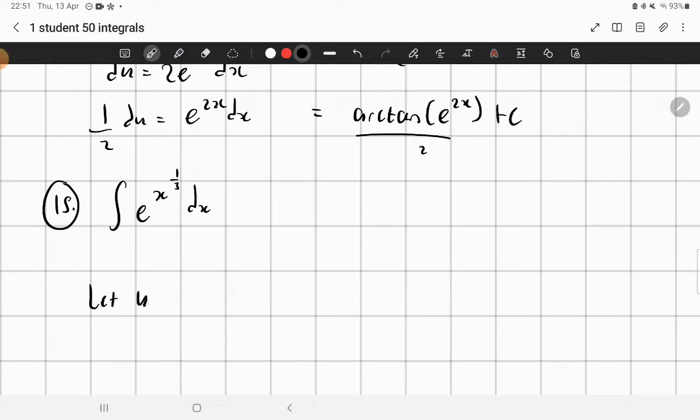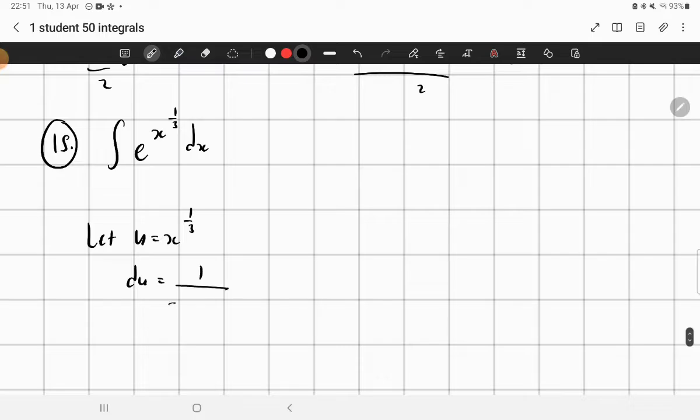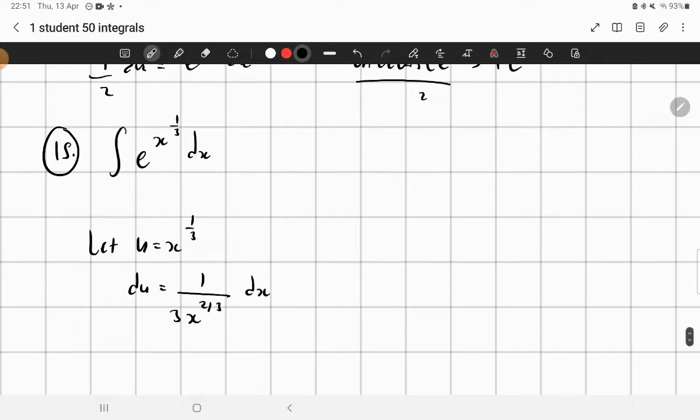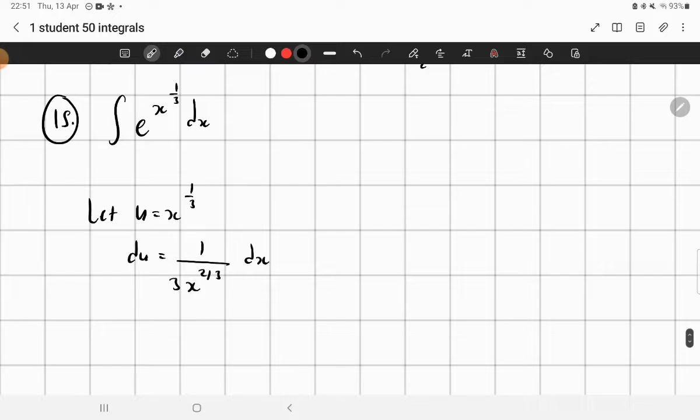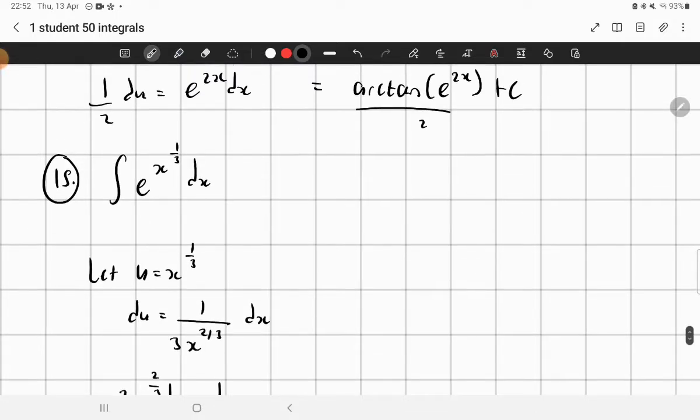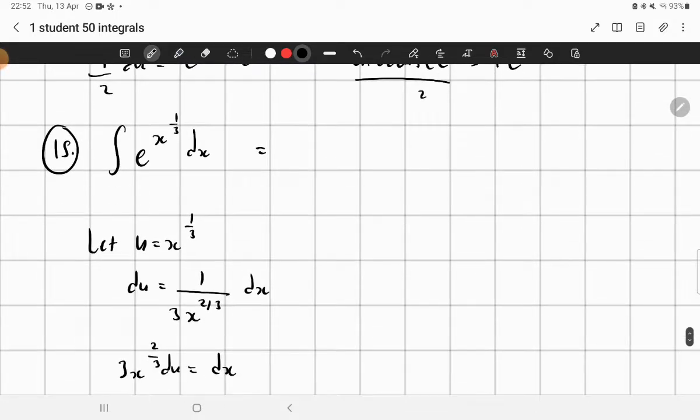So let u equal x to the power of 1 over 3. By taking the first derivative, it will be 1 over 3 x to the power of 2 over 3. This is a very nice question. If I multiply both sides, I will have 3x to the power of 2 over 3 du equals dx.